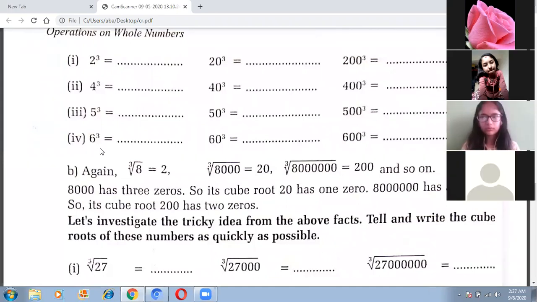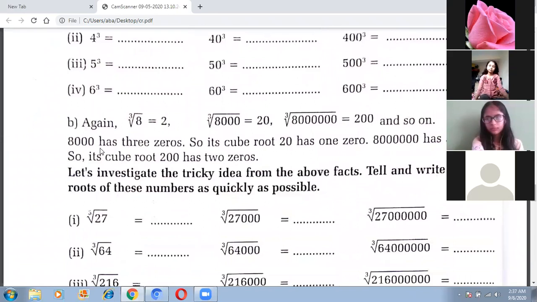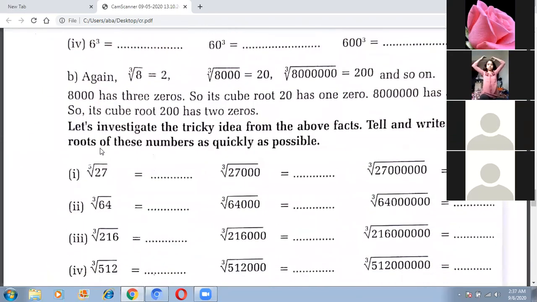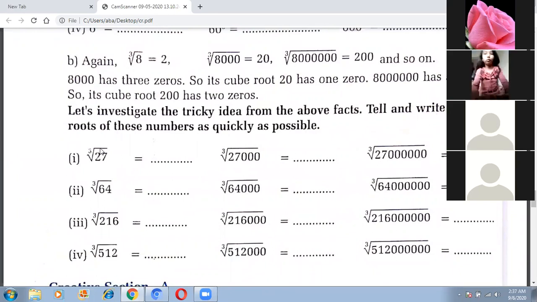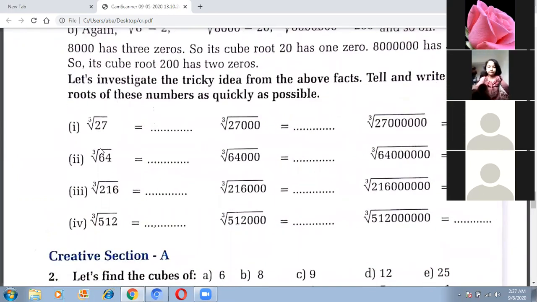Let's investigate the tricky idea from the above facts. Tell and write the cube root of this number as quickly as possible. Here also you investigate the tricky idea from the fact, and you can find the cube root of the given number. Okay. What is the cube root of 27? Okay, tell me. What is the cube root of 27?